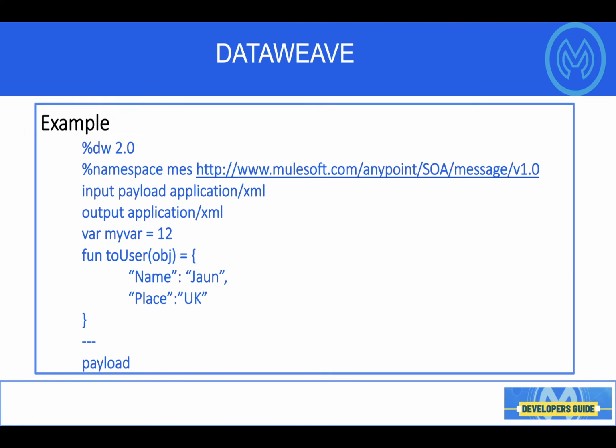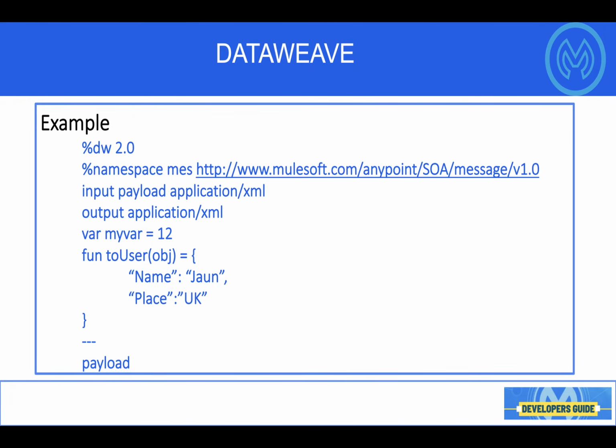Fine. As I mentioned, inside the function we have to define exactly what logic we want to achieve. Here this particular function is very simple. It's assigning name and place. It's creating one JSON object which contains name and place. Soon we are going to see it through an example also. It's not like we are just going through the theoretical part.